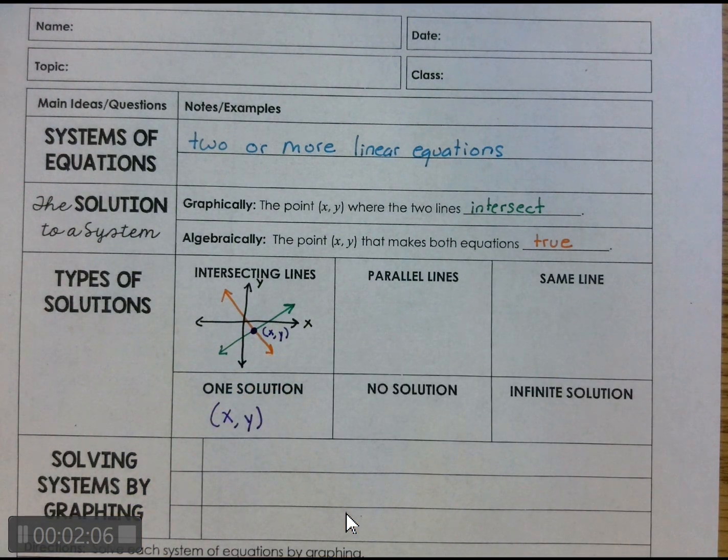Okay? And because we did not actually graph it to scale or include numbers or anything, that's why we're saying this point is xy, but normally it would be a number.